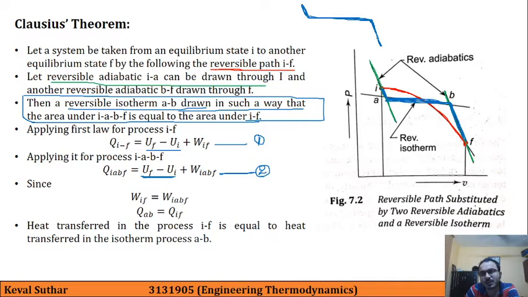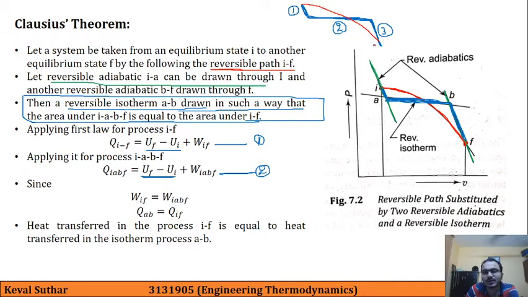Okay, so here first, this is the first process, which is reversible adiabatic. Then this is our second process, that is reversible isothermal process, and third is reversible adiabatic again. So any reversible process that we are having, our original reversible process was this.